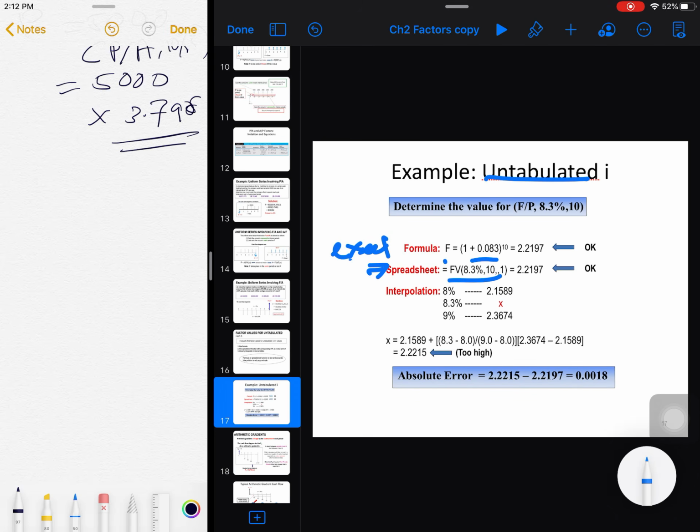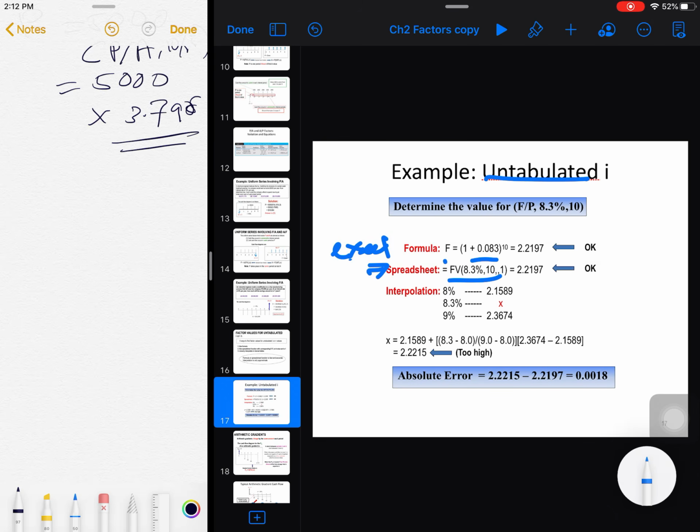So we should interpolate. Okay, from this interpolation, x equals 2.1589 plus, in bracket, 8.3 minus 8 over 9 minus 8.0, in bracket, times in bracket 2.3674 minus 2.1589, in bracket.